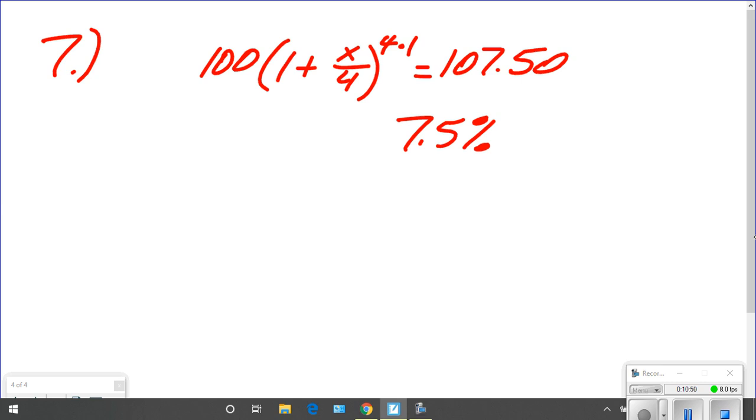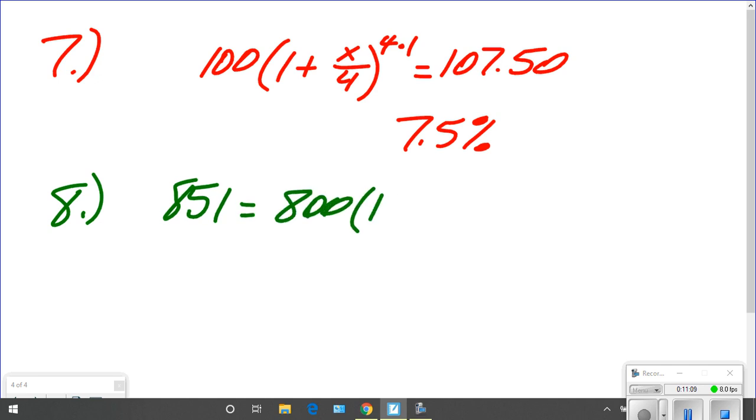That's really, really lame. Number 8, finance. After a year during which interest is compounded quarterly, an investment of $800 is worth 851. So 851 is the answer. It was 800, invested quarterly for a year.